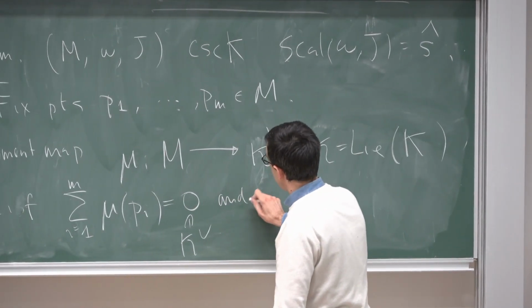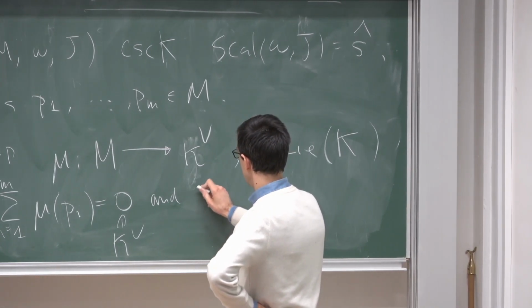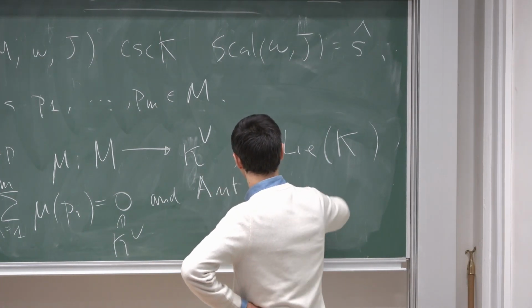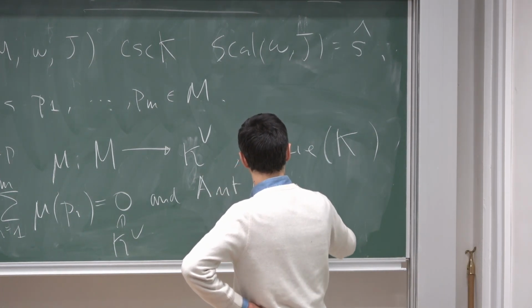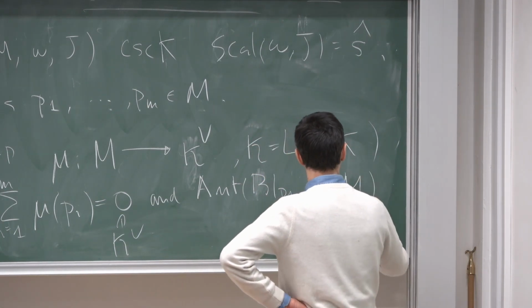And say for simplicity, let's suppose that you've blown up enough points so that the automorphism group of the blow up is just the identity.